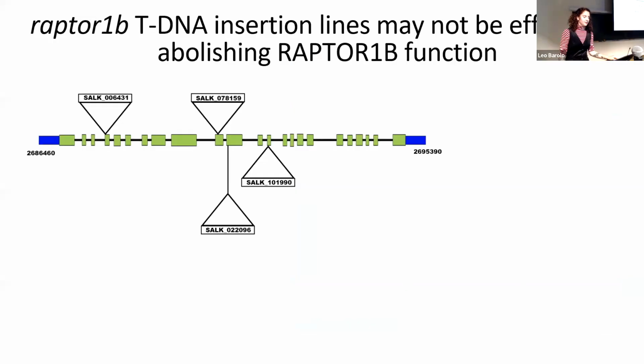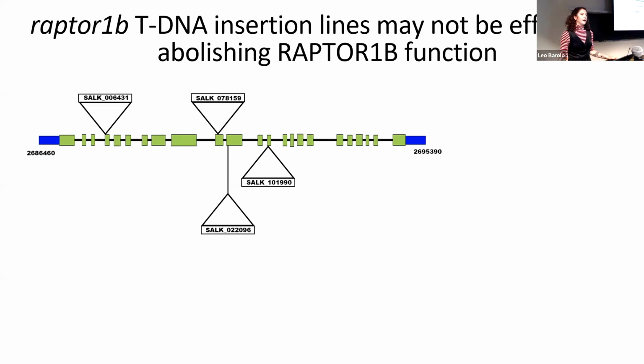Cool. So one of the hypotheses we have about these lines is that the Raptor 1b tDNA insertion lines may not actually be effectively abolishing Raptor 1b function. This was my theory, that because these insertions are all in the upstream section of the gene, potentially, even though there is a big chunk of tDNA in there, this part is being transcribed, or maybe the rest of it's being transcribed, or they're just not actually effectively abolishing the function of the gene.